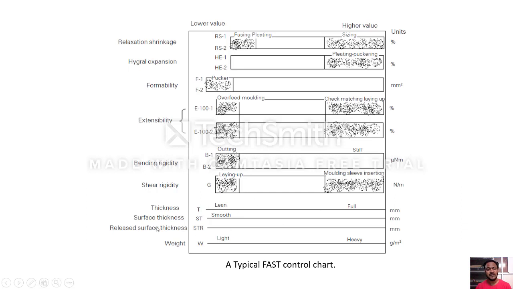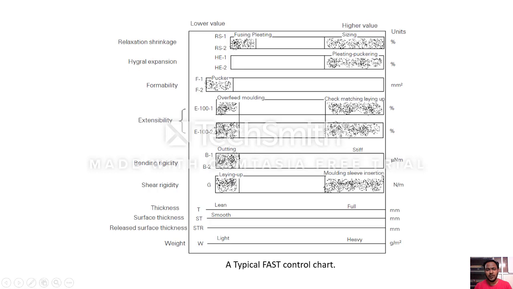Thickness, surface thickness and released surface thickness are expressed in millimeter, and fabric weight is expressed in grams per meter square. As I have already discussed in the previous slide, by using this FAST control chart, you can get the fingerprint of the fabric.